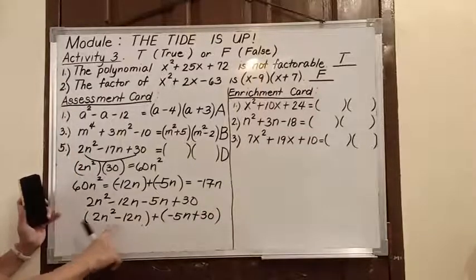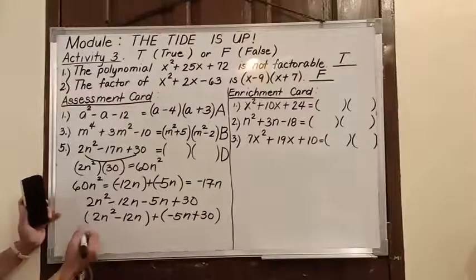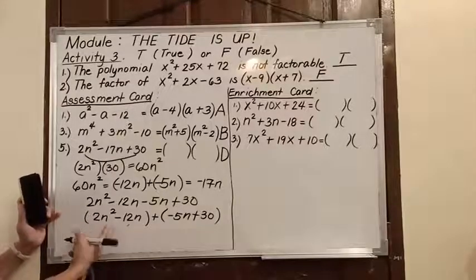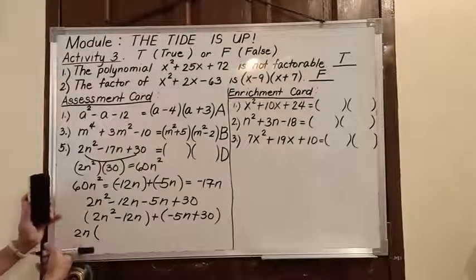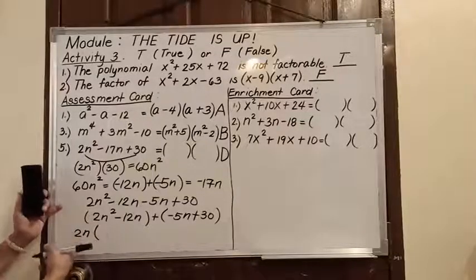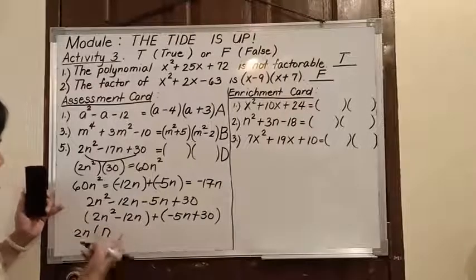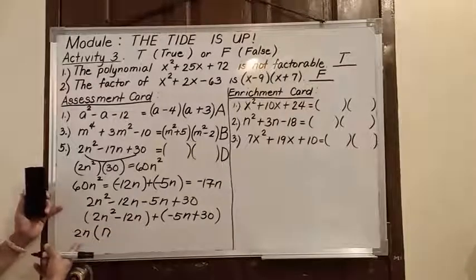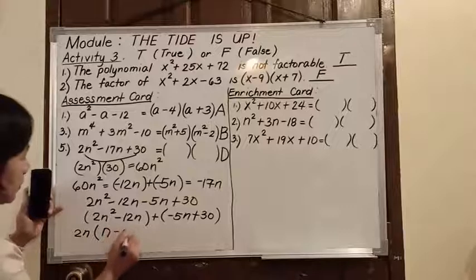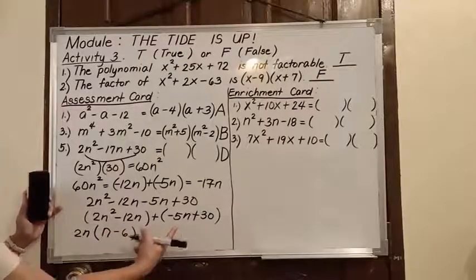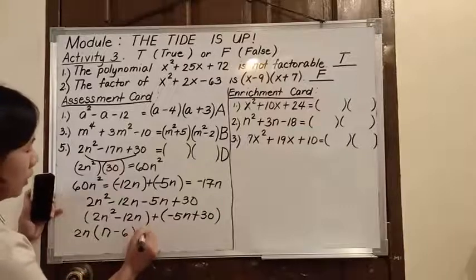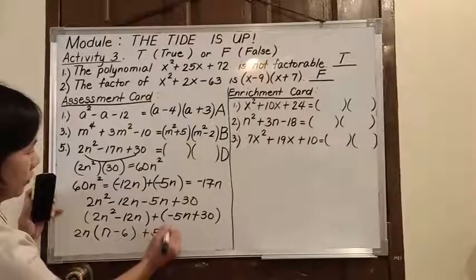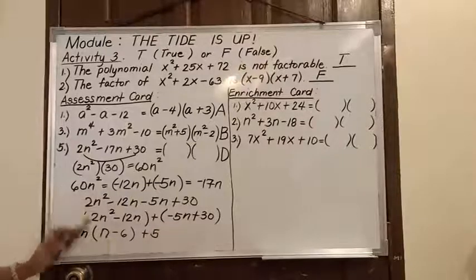What is the greatest common factor of 2 and 12? We have positive 2. Aside from 2, we have n. Factor out 2n. Divide each term by 2n. 2n squared divided by 2n is n. The 12n divided by 2n is negative 6. Next. Greatest common factor of negative 5 and 30 is 5 or negative 5.